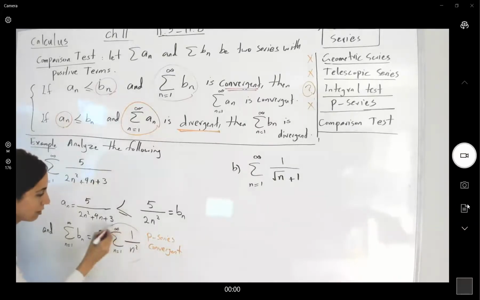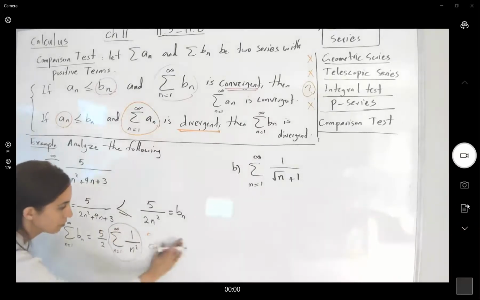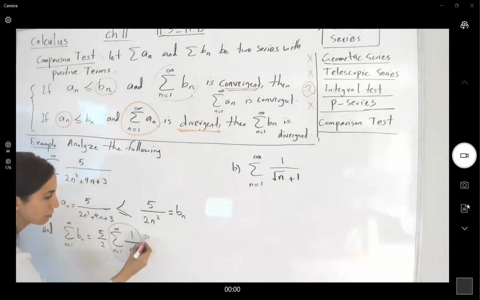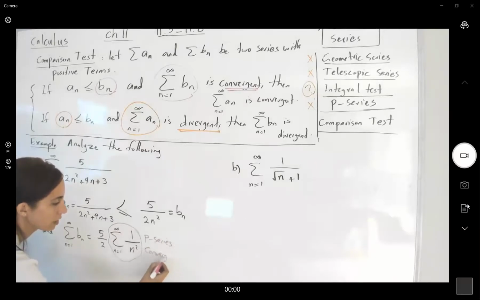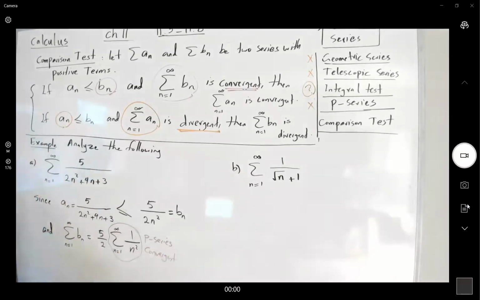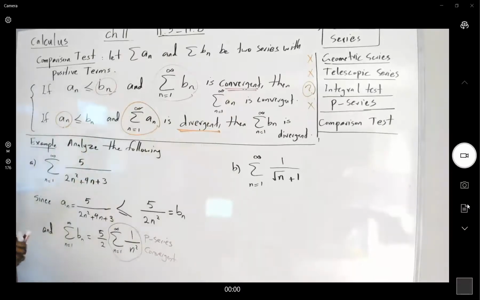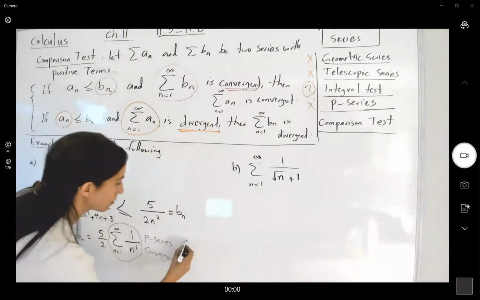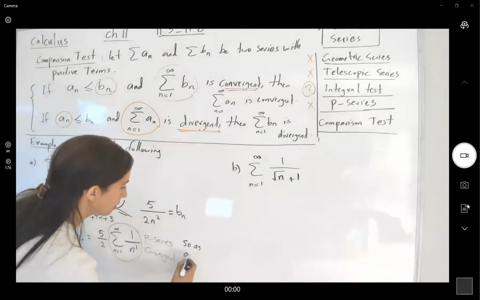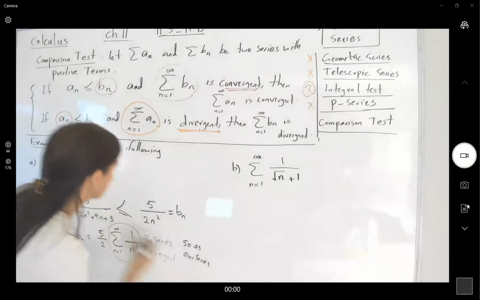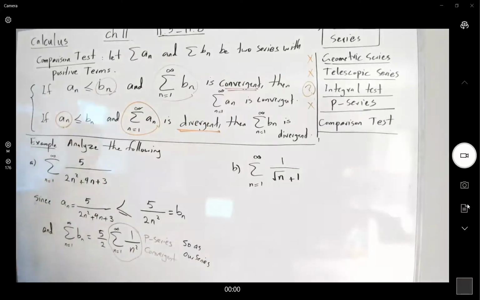My larger series, my p series, is convergent. My larger series is convergent, so is my smaller series. So this series, you can quickly say by using comparison test is convergent.